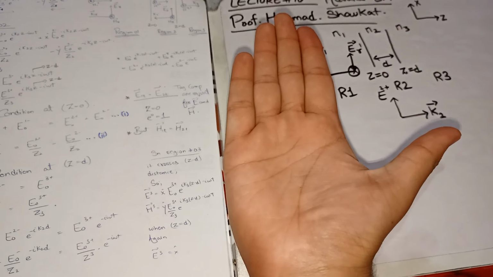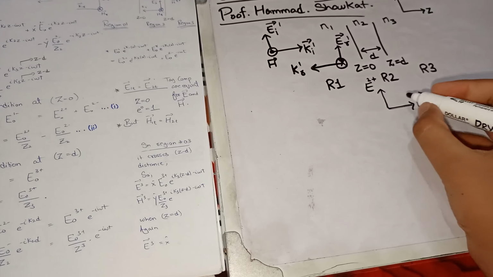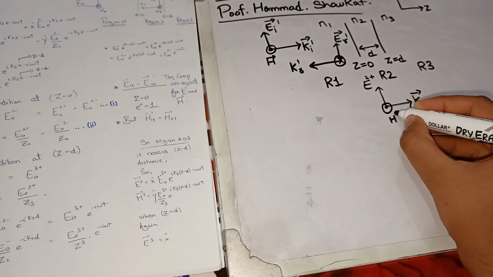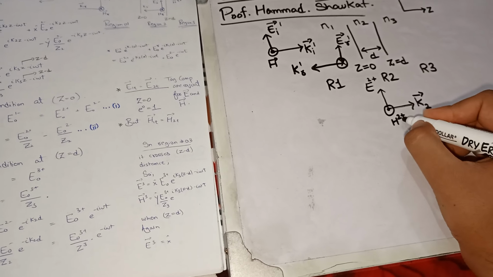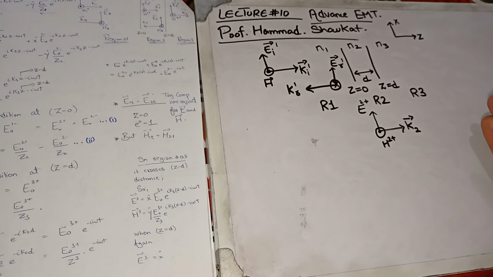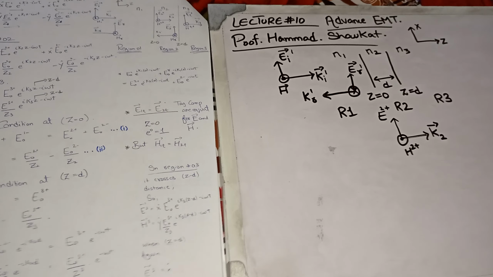Similarly, by this rule, your magnetic field is out of the page, means positive, so it is a dot. So H2 plus, where 2 means you are in the second region, and plus means it is a going wave. If your wave is reversed back, then we should write it with a negative sign.